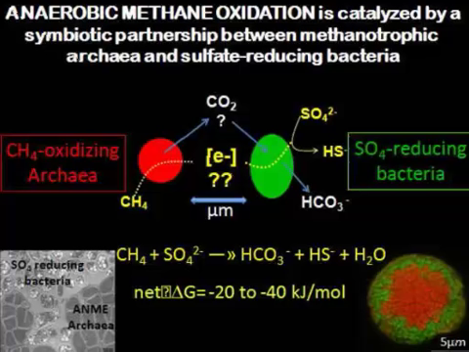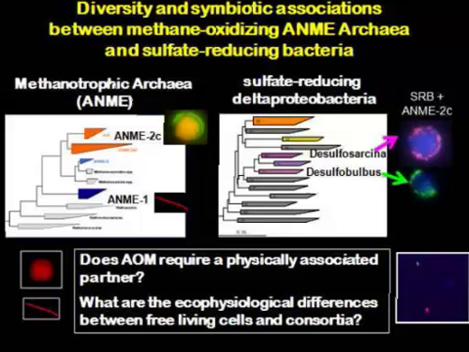Okay. So we've learned a lot by just applying molecular inventory studies of these communities in terms of the diversity of organisms that are likely catalyzing this process. And to date, there are 3 major lineages of archaea, all uncultured, that we believe are coupled to this methane-oxidizing symbiosis.